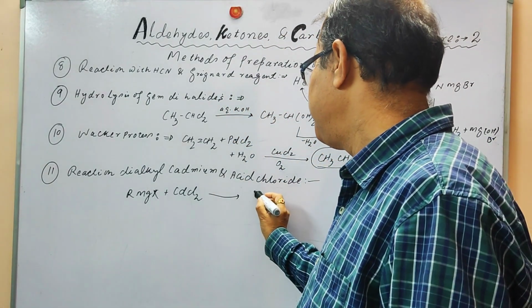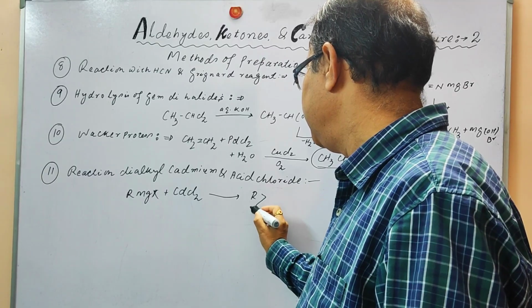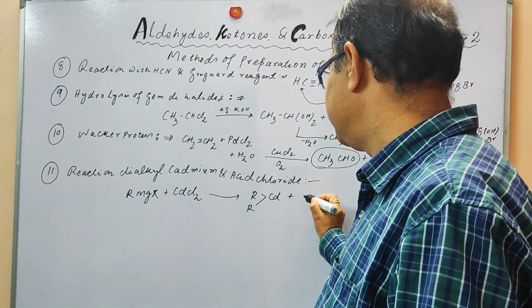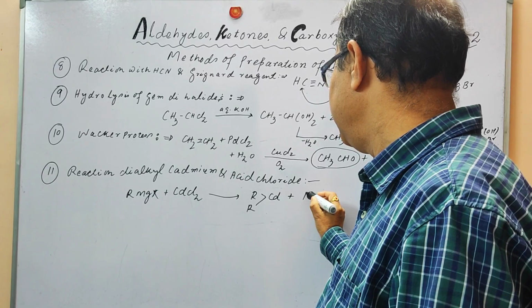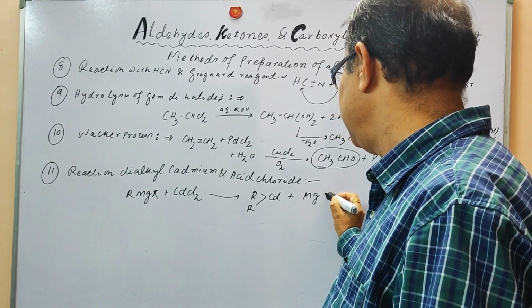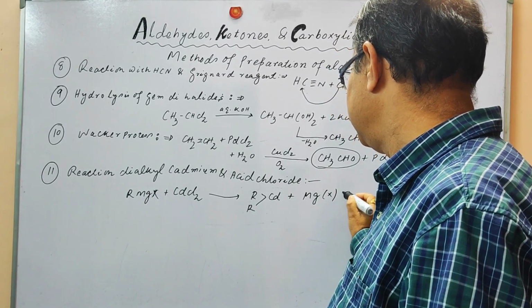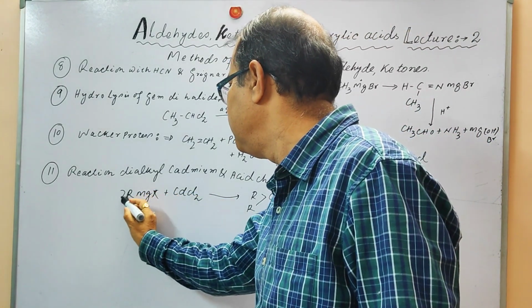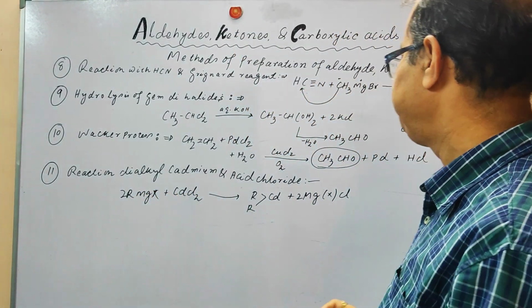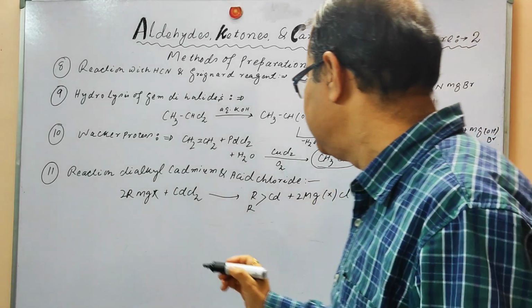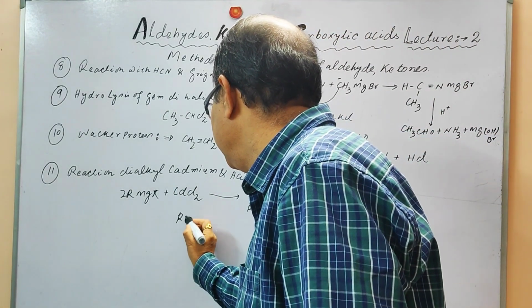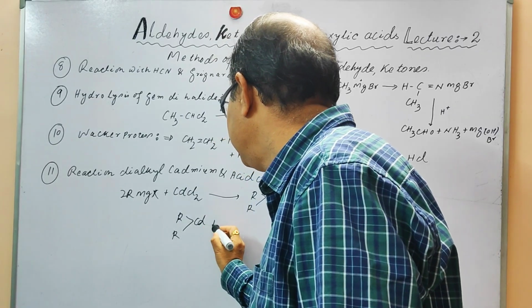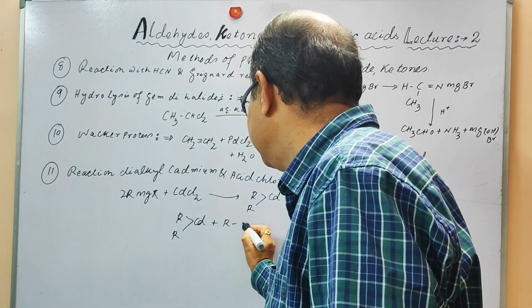It is going to produce dialkyl cadmium and MgXCl. Okay, and this dialkyl cadmium reacts with the acid chloride.